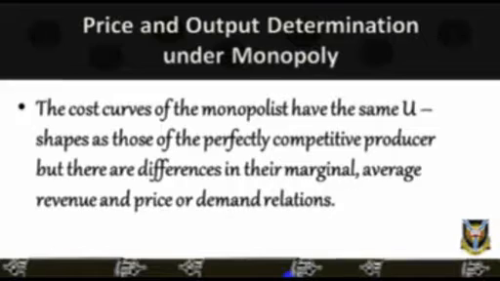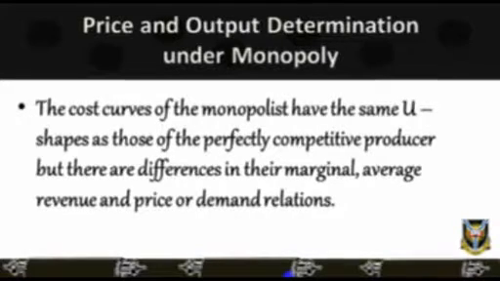At a lower output than 0Q, each addition increases the revenue more than the cost: MR greater than MC. When output is greater than 0Q, every additional unit produced adds less to the total revenue than to the cost: MC greater than MR. Therefore, the most profitable output is 0Q, at which per unit price is 0P.